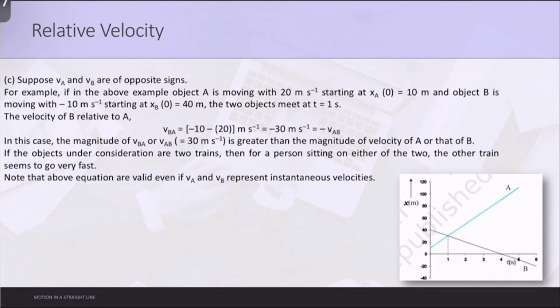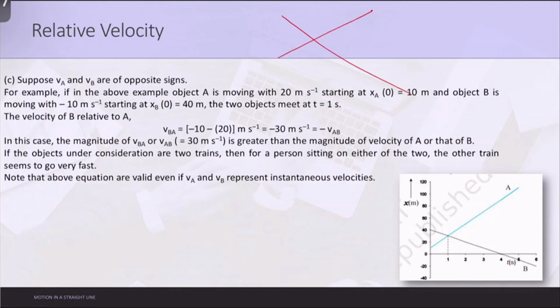Moving on. Now VA and VB are of opposite signs. So that means one slope would be positive, one slope would be negative. Here also there will be an intersection happening, but this intersection would be different from the previous part.